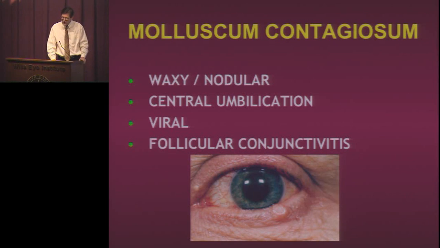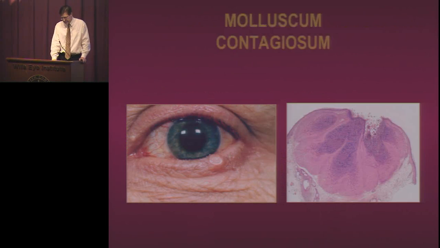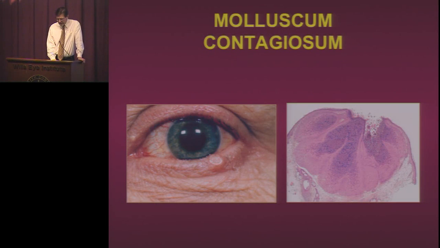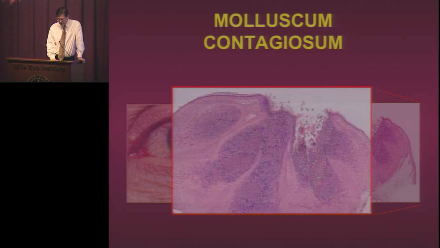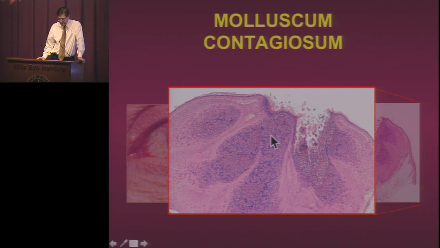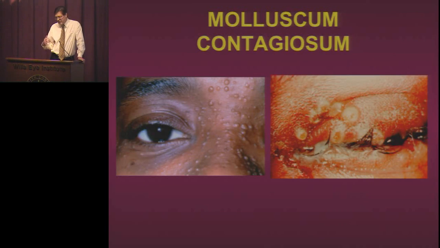So always look for the lesion in a chronic, especially if it's a unilateral, follicular conjunctivitis. And here's a pathological enlargement. You can see that what happens is the virus infection will leak this material into the conjunctiva and cause the follicular lesion. Sometimes in children, sometimes in people with decreased immune systems, you can get a whole lot of these molluscums.